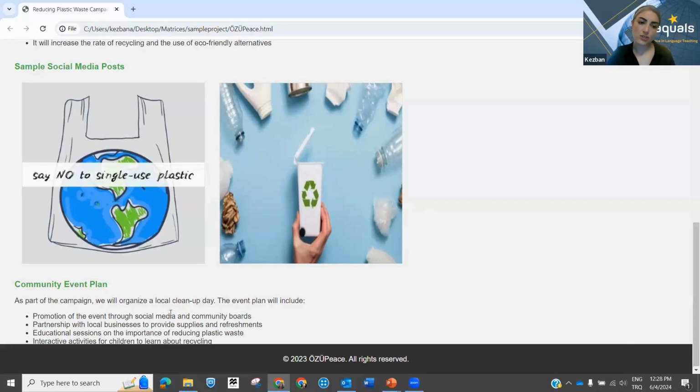They decided to organize a local cleanup day, and they decided to promote it through social media, community boards, and they thought providing refreshments would be helpful.